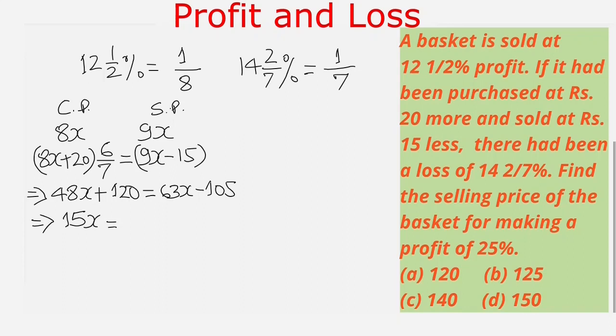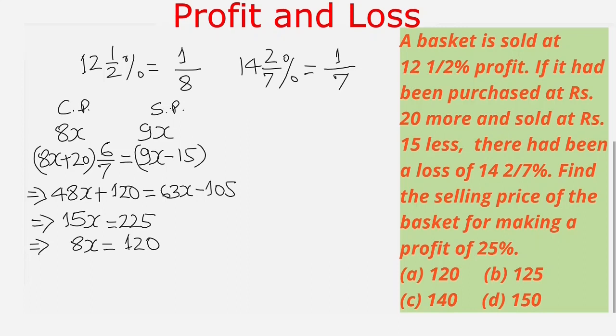So 120 plus 105 is 225. First to find the cost price, and cost price assumed by us is 8x. So we find the value of 8x when 15x equal to 225. So x equal to 15 and 8x equal to 120. 15 times 8 is 120.